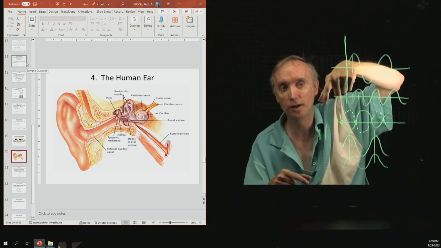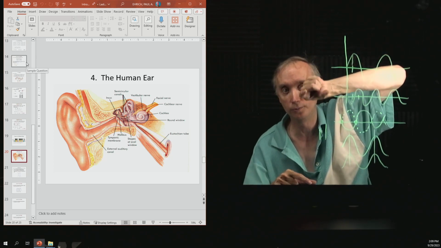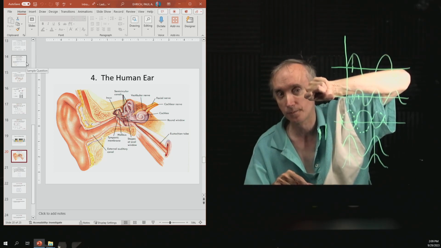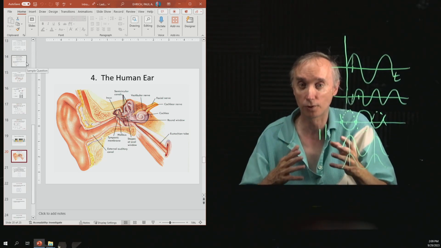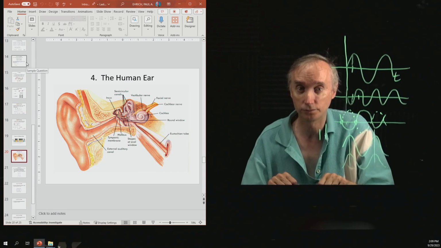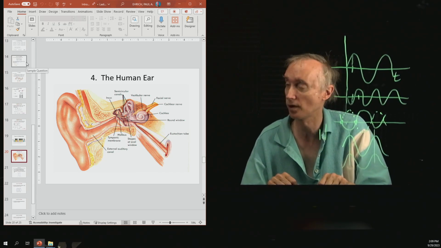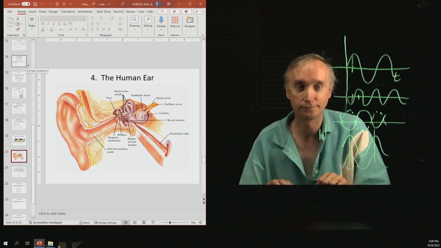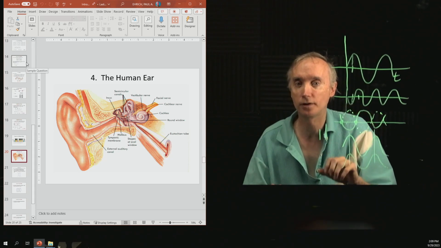You've got one loop like this, another loop like this, and another loop like this. The purpose of those loops is that they tell you the orientation of your head, whether it's to the right, to the left, up, down, or turning. Okay? So be able to give me 5 different parts of the ear and what they do.